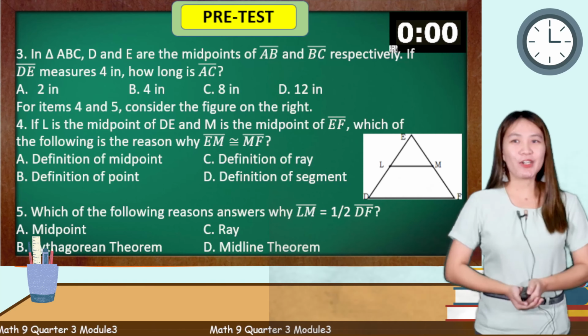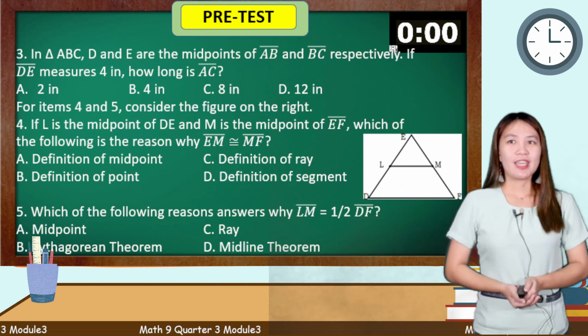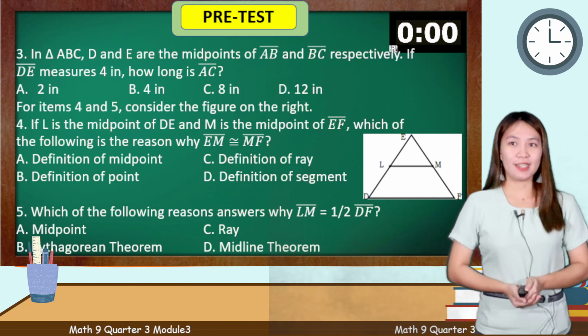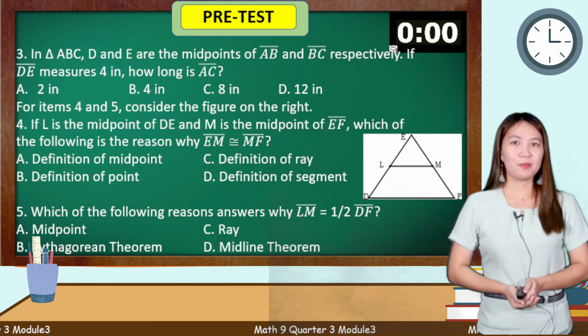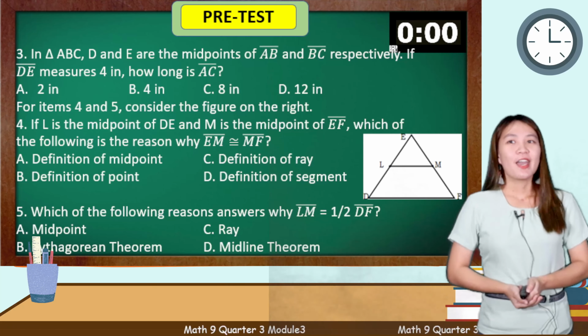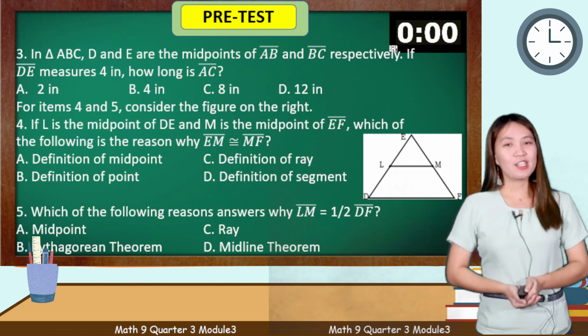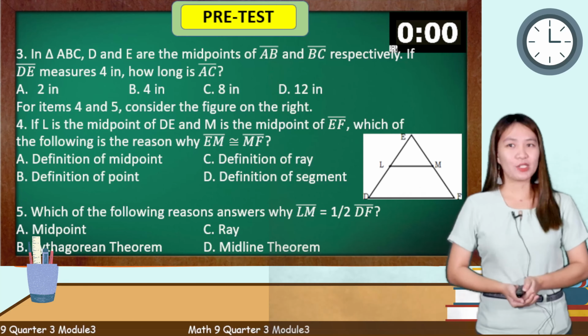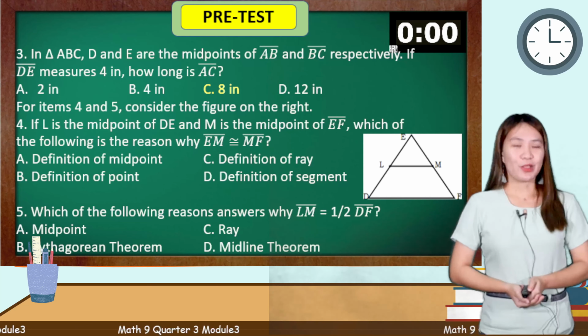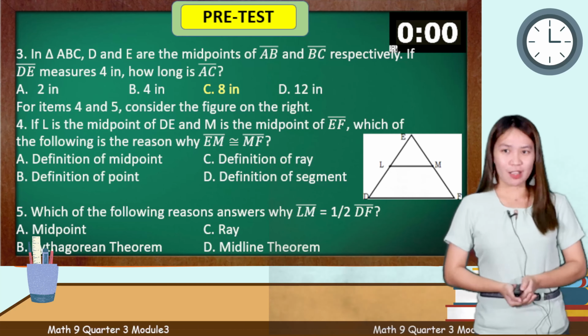Let us check your answers. Number 3, in triangle ABC, D and E are the midpoints of segment AB and segment BC respectively. If segment DE measures 4 inches, how long is segment AC? The correct answer is letter C, 8 inches.